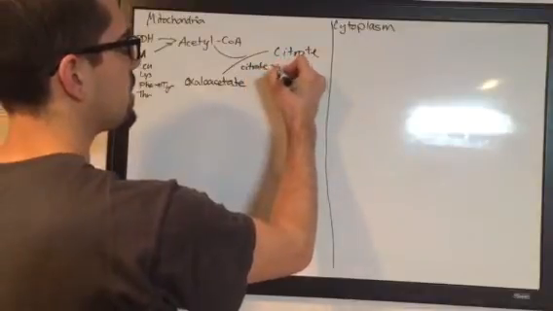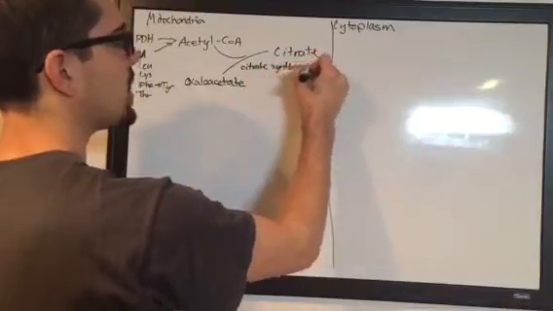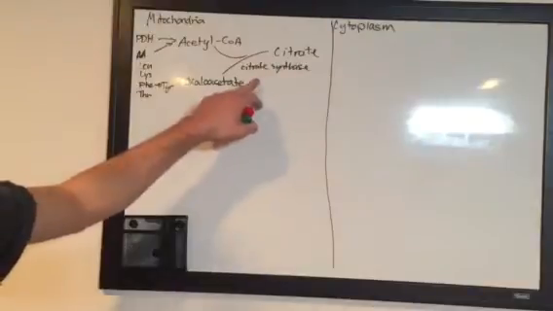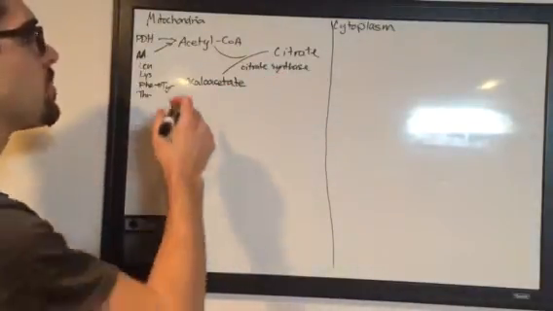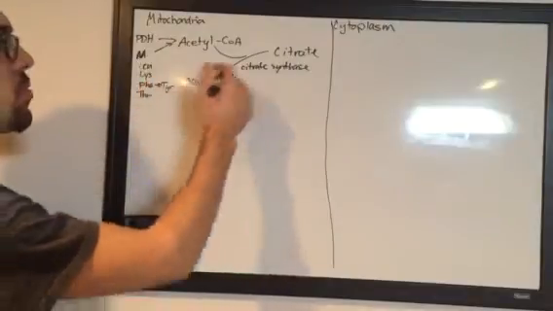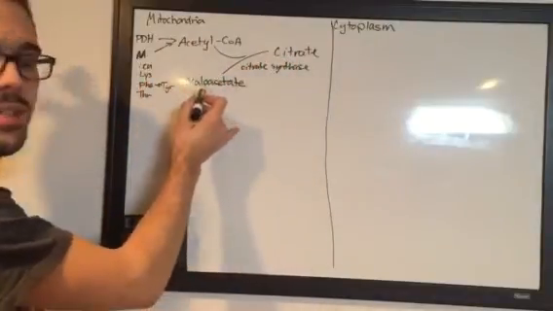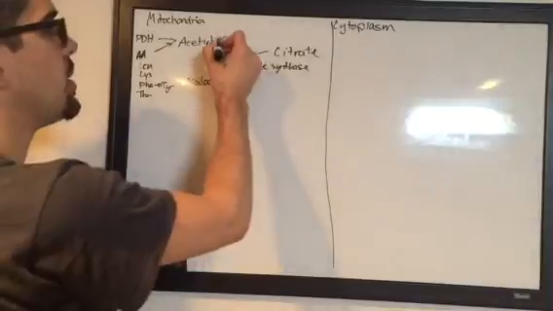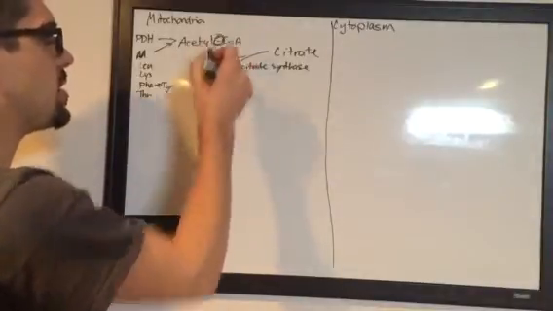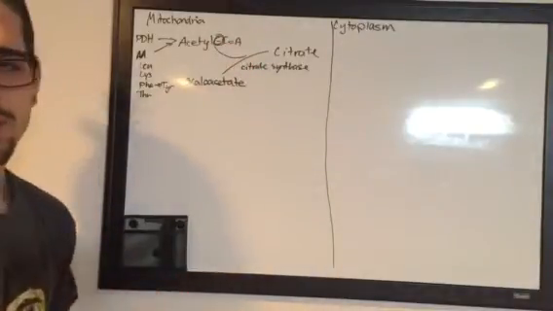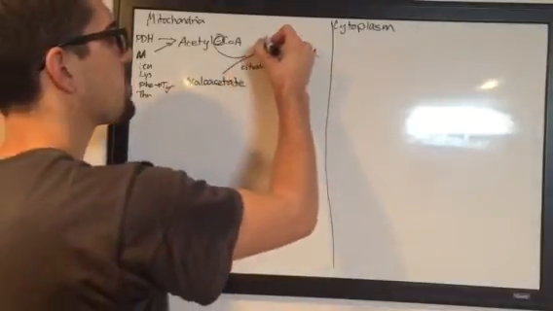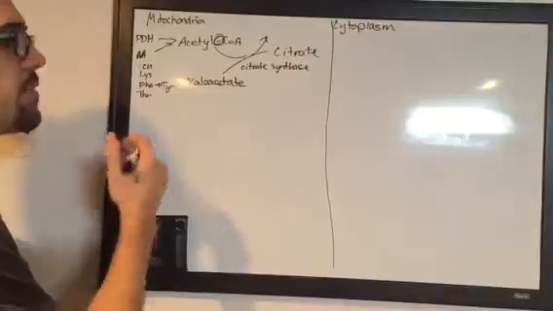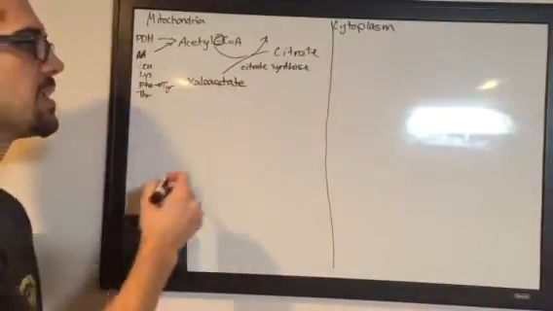Citrate synthase. One of those really nice enzymes. First name is the product, second name is what the enzyme is doing. It's making citrate. Now the energy for the creation of the bond between the acetyl group and oxaloacetate is going to be from this high energy bond right there. Hydrolysis of that coenzyme A bond is going to provide the energy to create citrate from oxaloacetate and that acetate group.